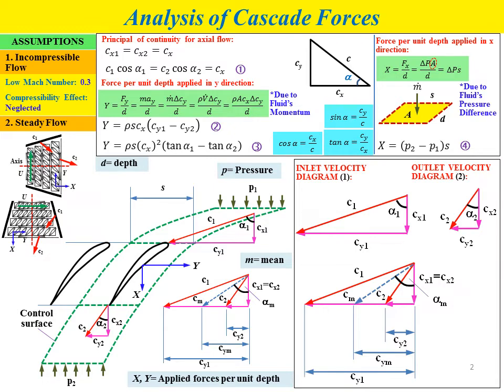Later on I will explain the meaning of the yellow area that represents the cross section area for the cascade blade. Okay, now I will explain the meaning of the yellow cross section area A that we already discussed previously when we explained the equation of x.